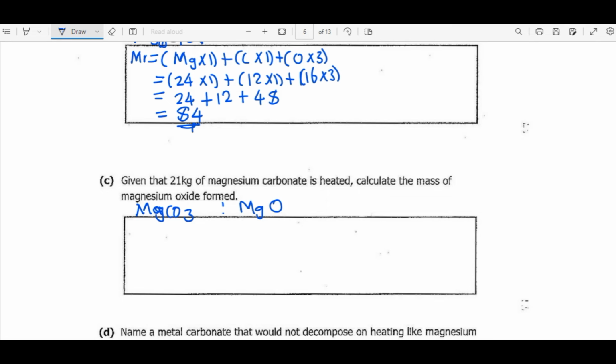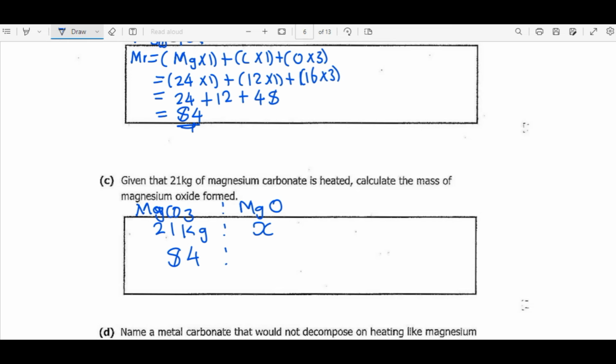So the mass of magnesium carbonate is 21 kilograms. Then for magnesium oxide, which is the one we are finding, we put X. Then step number 2 is we need to assign the relative formula mass according to each compound. So 84 is for magnesium carbonate. We write it here on the magnesium carbonate side.